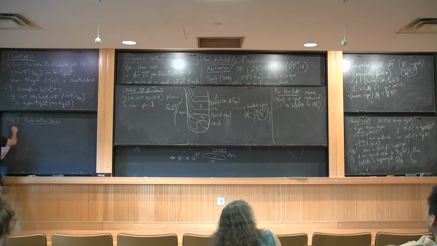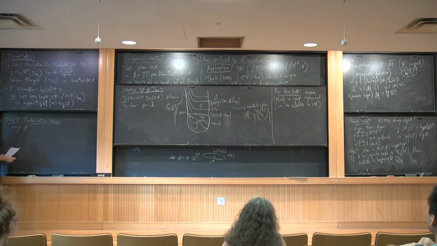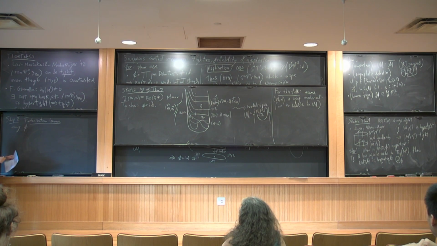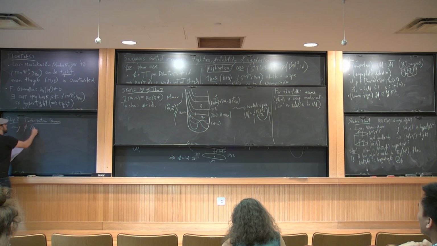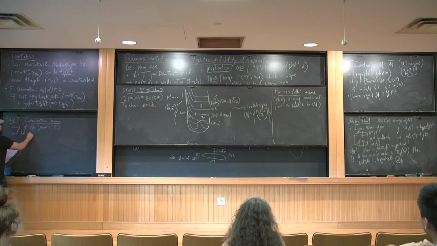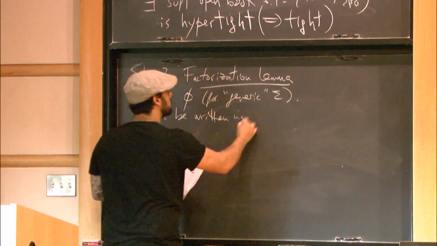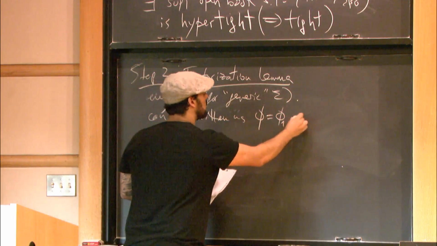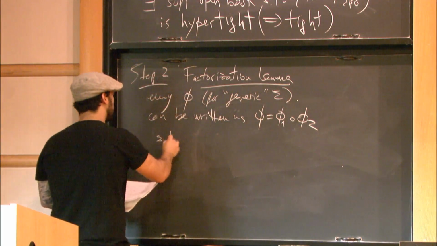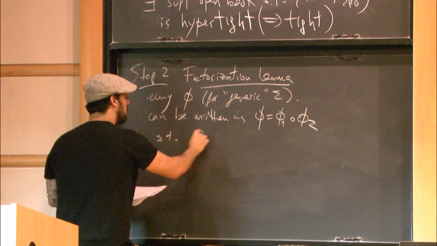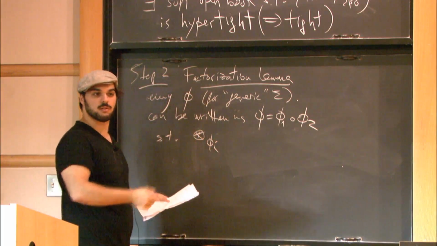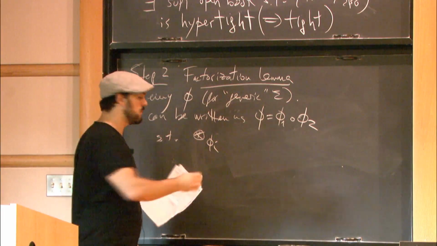Every phi, for generic sigma, which generic means whatever sigma admits a hyperbolic structure, can be written as a product of 2 monodromies such that the condition star phi holds for both of them.